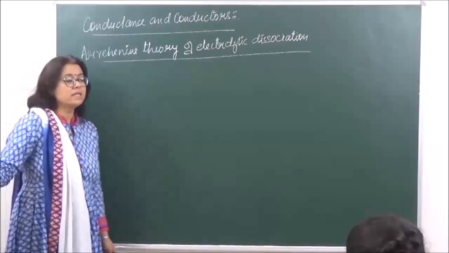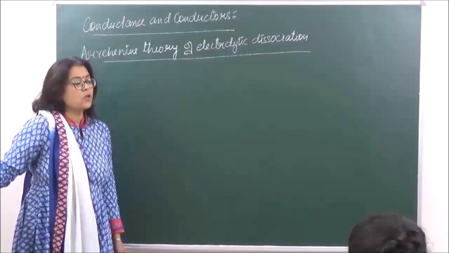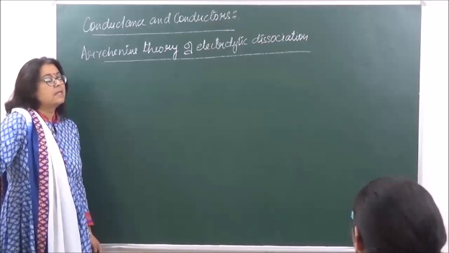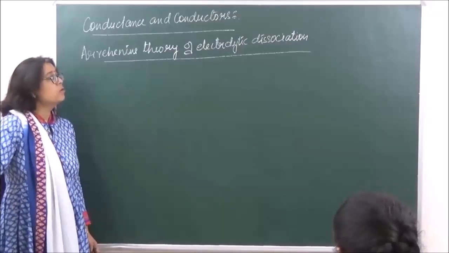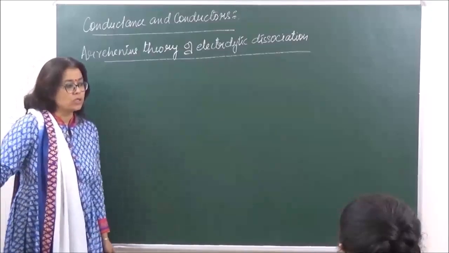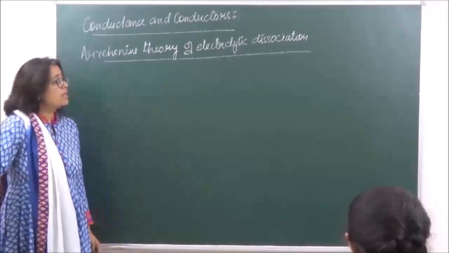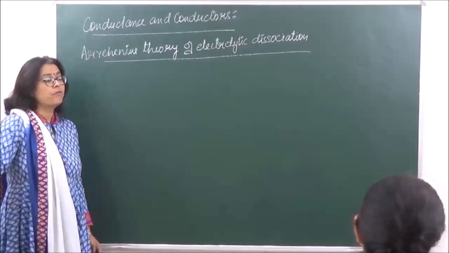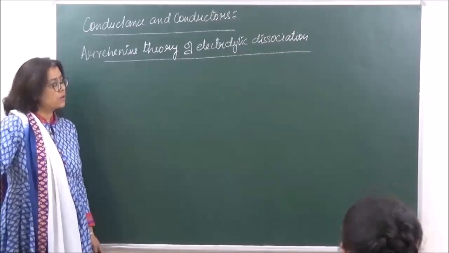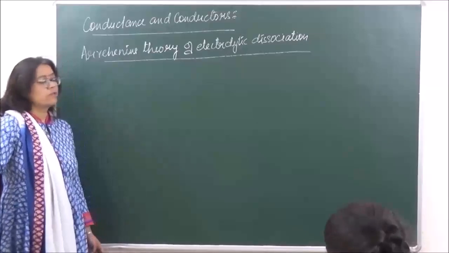We had already studied that an electrolyte conducts electricity by movement of ions. This theory tells us how these electrolytes dissociate and what factors affect the dissociation and hence the conduction. Okay, so let's go on to the postulates of this theory.